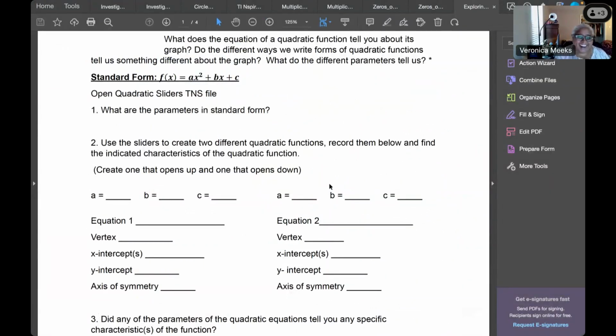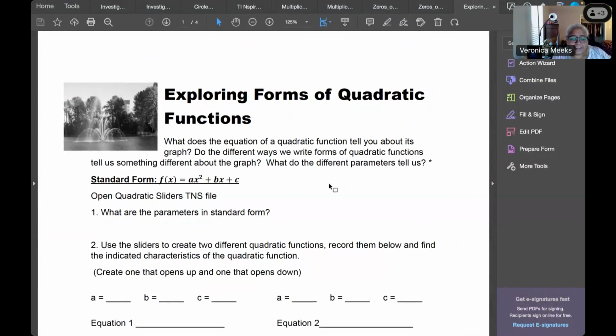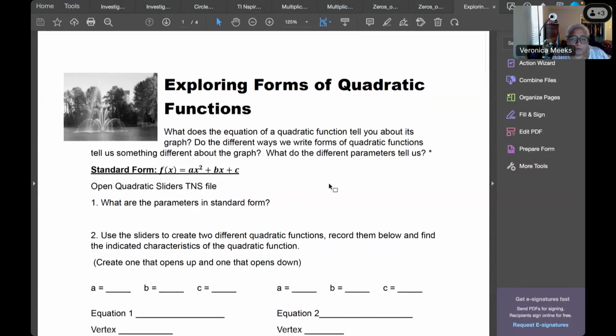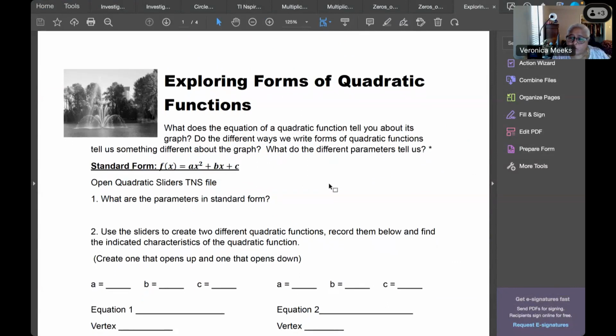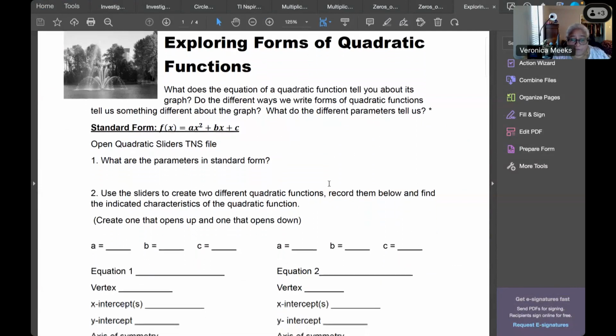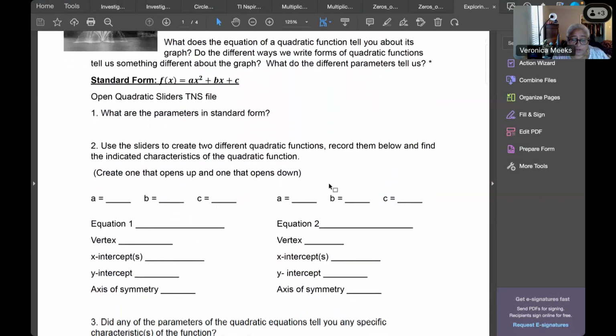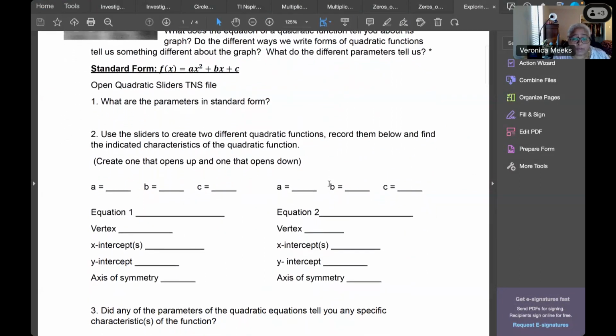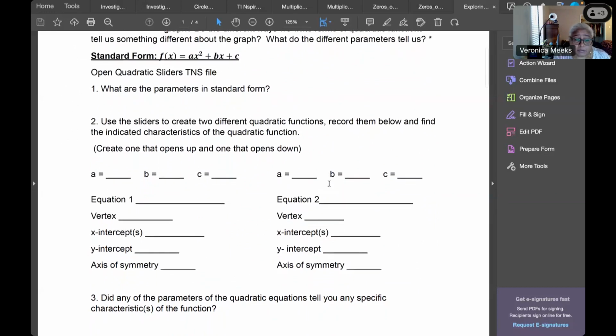All right. So one of the things that I did when I wrote the page to go with the TNS file is that I want students to be able to do certain things that they're required to do on tests, which is, okay, if you have a quadratic equation, you have to find the vertex, you have to find the x-intercepts, you have to find the y-intercept, and you have to find the axis of symmetry.